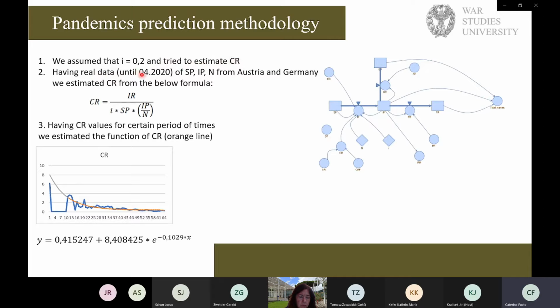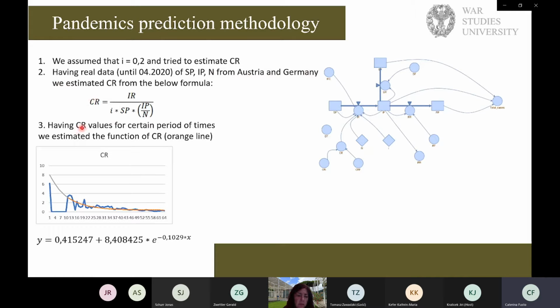Having real data until April 2020, for Austria and Germany, representing susceptible population, infected population, and the general number of citizens in these countries, we tried to estimate the contact rate using the formula below.